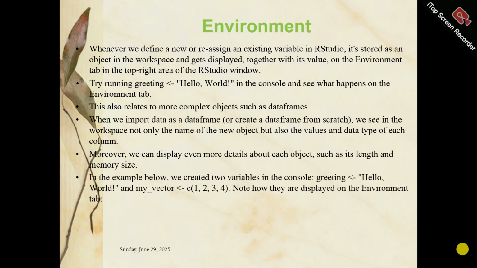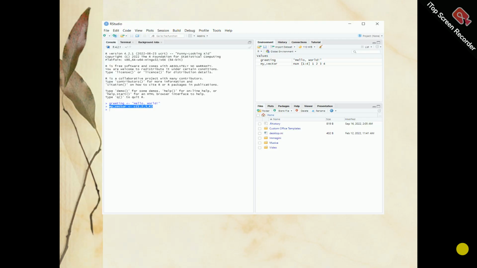In the example below, we created two variables in the console, that is greeting <- "hello world" and my_vector <- c(1, 2, 3, 4). Note how they are displayed on the environment tab. So it will be like this. For example, here we run this greeting, hello world, and similarly my_vector with c(1, 2, 3, 4).